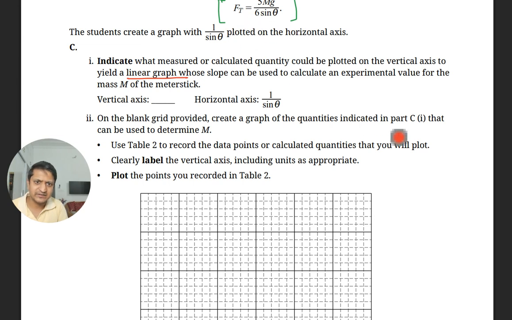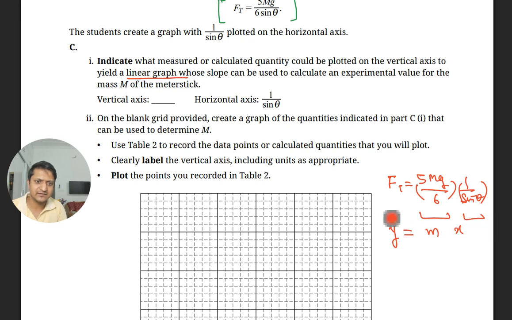So we can change it like this: Ft equals 5 mg upon 6 times 1 by sine theta. Now this is like y equals mx, where this is the slope and this is the x-axis, this is the y-axis.